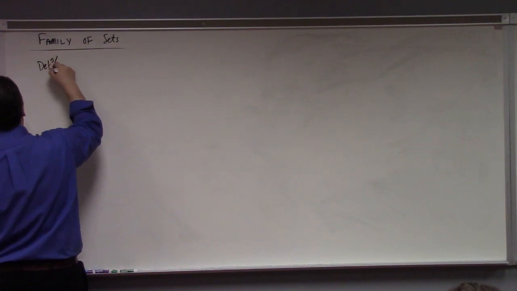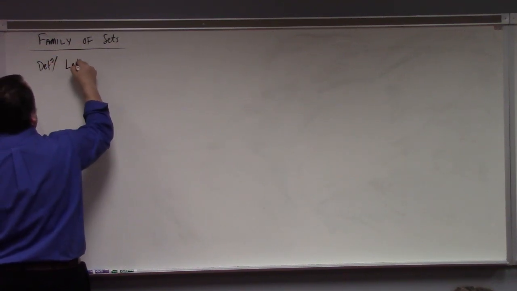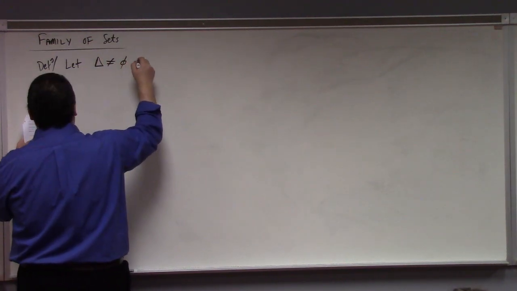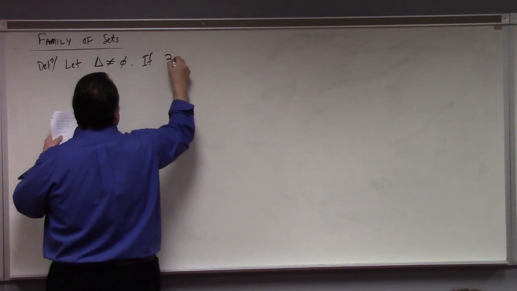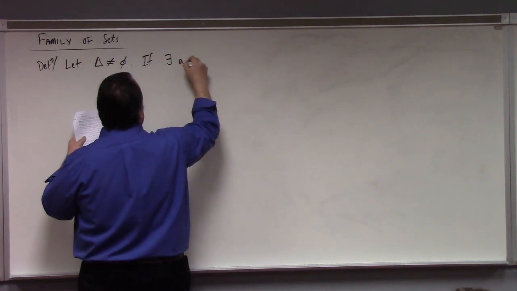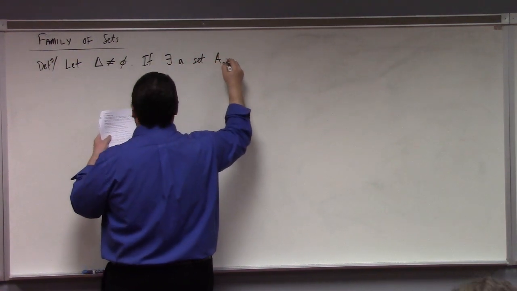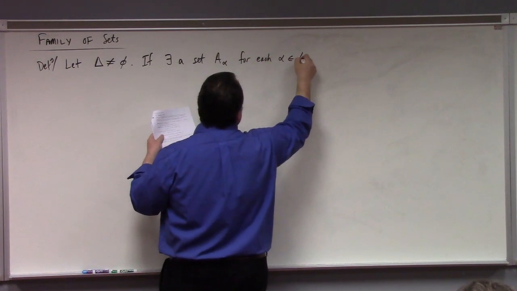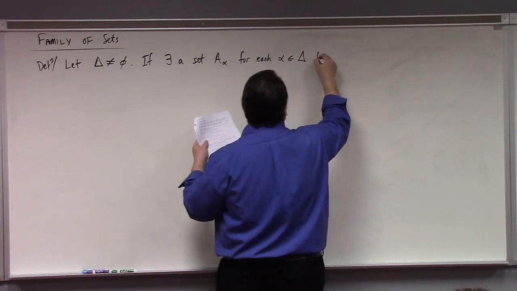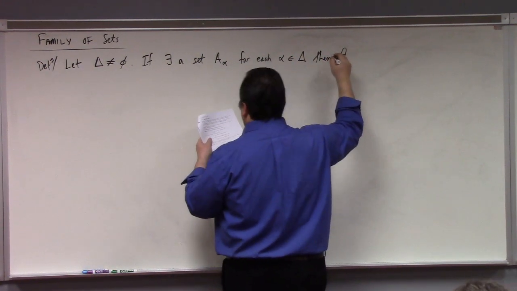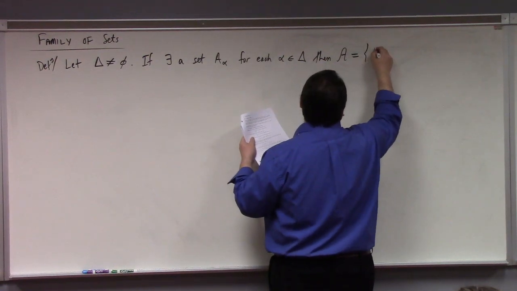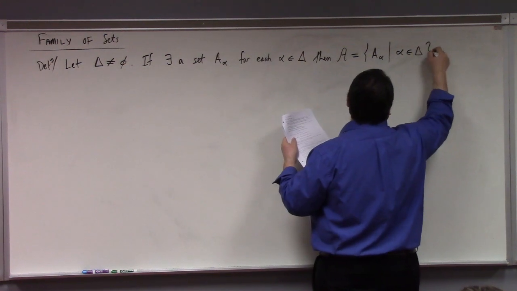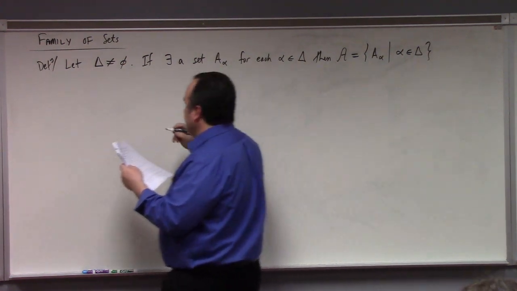Definition. Let the big triangle be not equal to the empty set. If there exists a set A sub alpha for each alpha in the big triangle, then A equal to A sub alpha such that alpha is in triangle is a family of sets.